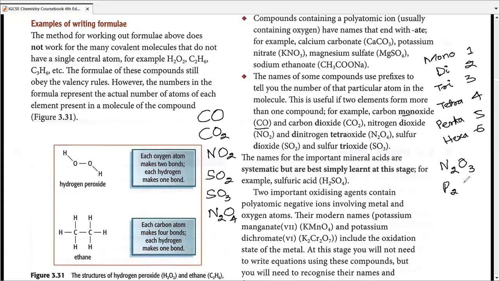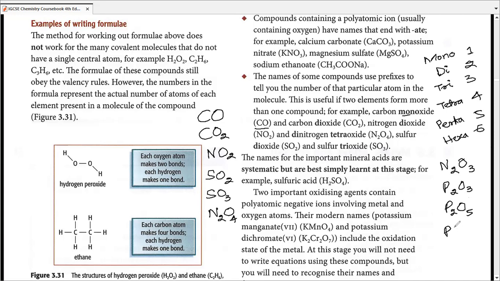Okay, it's a similar one, by the way. Diphosphorus... phosphorus, right? Dioxide. Perfect. Let's try this one. Diphosphorus pentoxide.